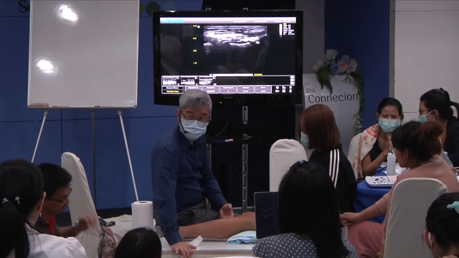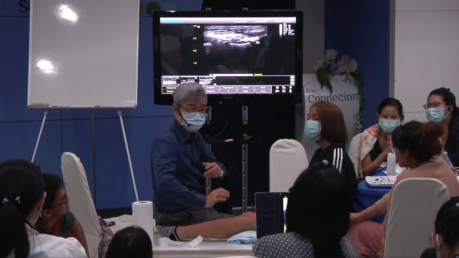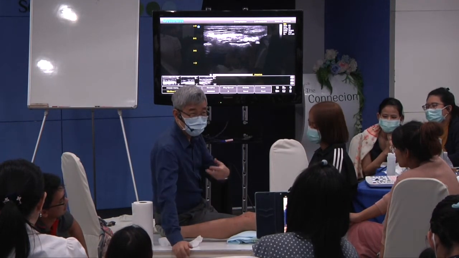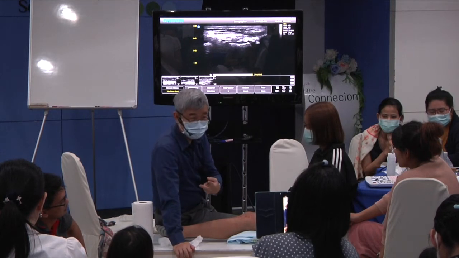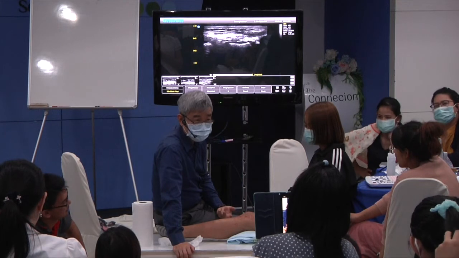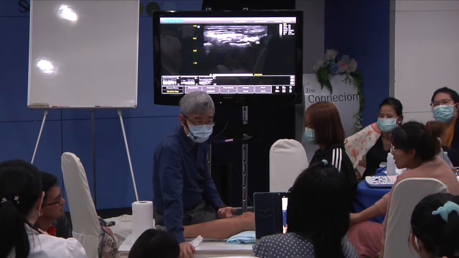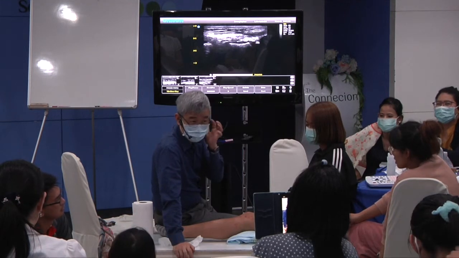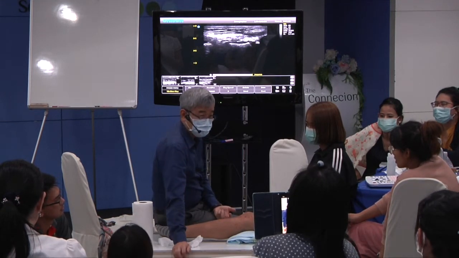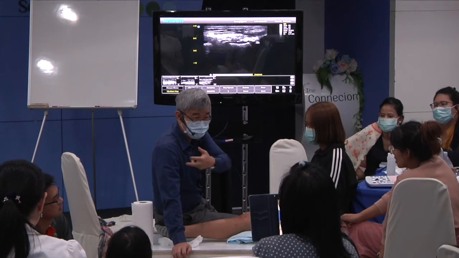Do you know supermodels? Supermodels often have two kinds of joint disease. Hallux valgus, because of the shoes, and another is TMJ. Yes, they come to NTU hospital by a private pathway.